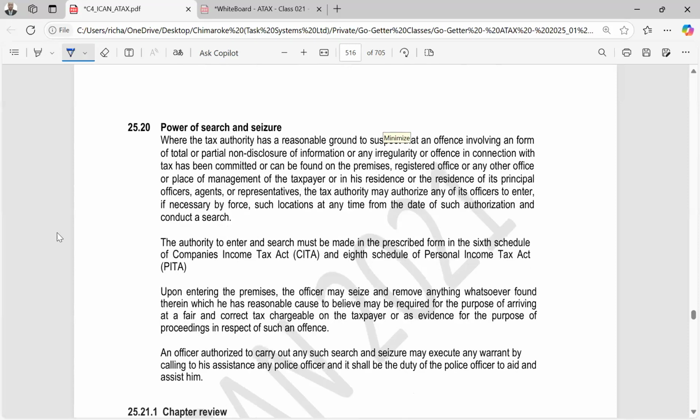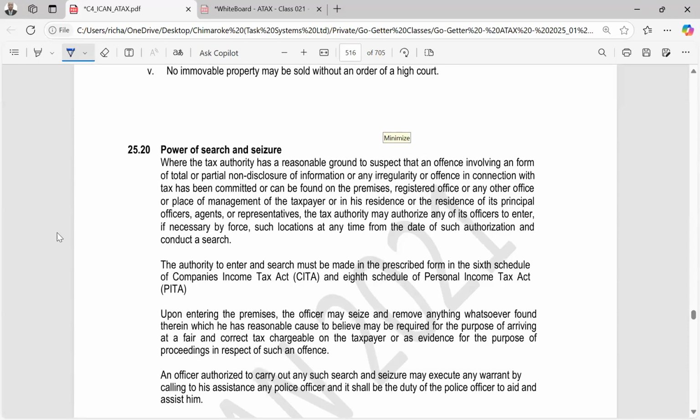So there's something called power of search and seizure, where the tax authority has reasonable grounds to suspect that an offense involving either any form of total or partial non-disclosure of information that is needed, or any irregularity or any offense in connection with tax has been committed or can be found in the premises.